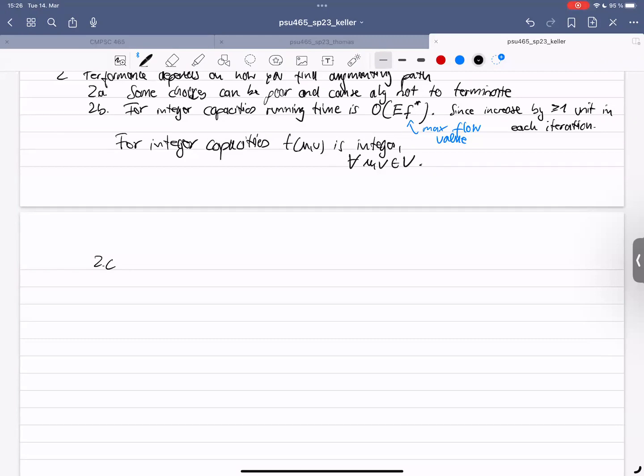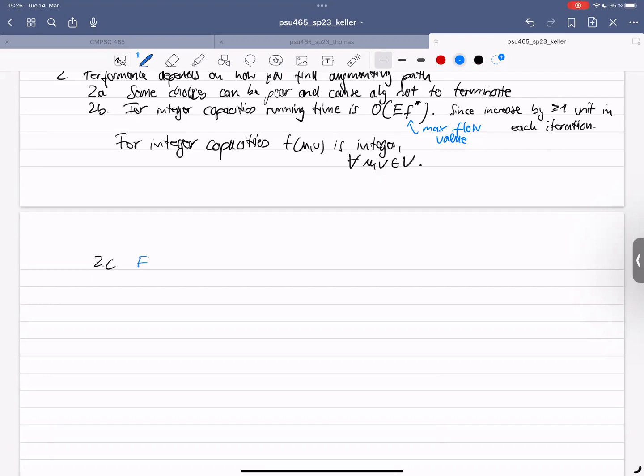The Edmonds-Karp algorithm is exactly what we have described so far for Ford-Fulkerson, but using BFS to find the augmenting path, meaning the path with the fewest edges, the shortest path in terms of number of edges in your graph. Then you will see that we have a better guarantee in terms of running time.